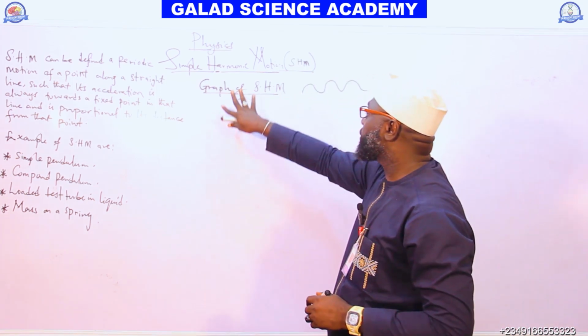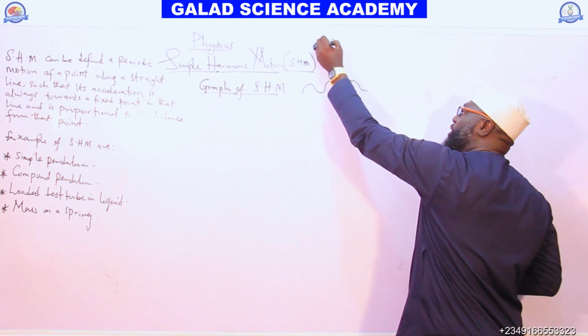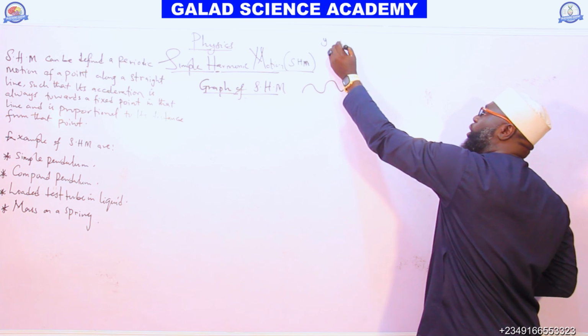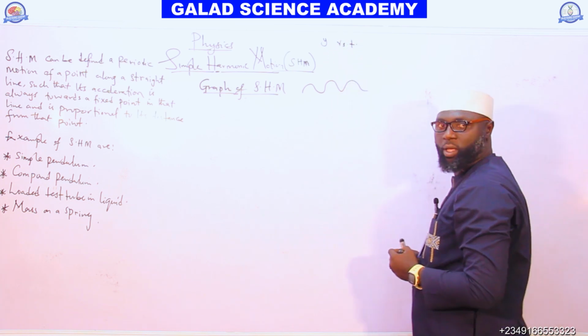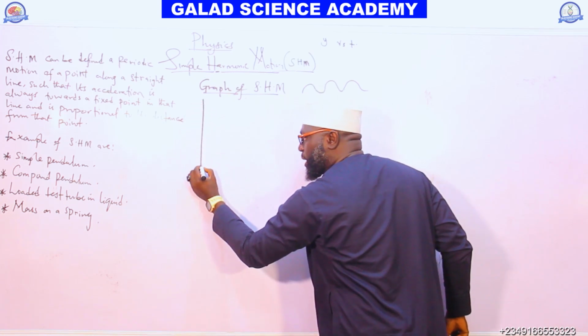The graph of SHM can be determined by plotting distance or displacement y against time.